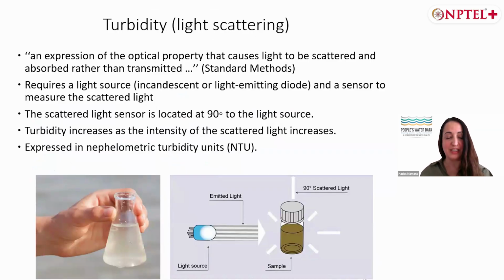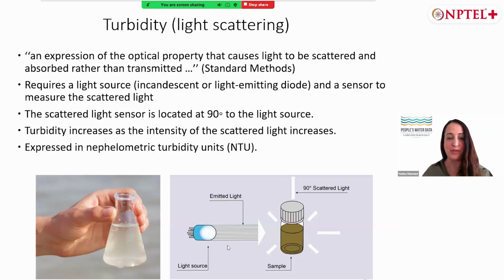So what is turbidity? Turbidity is an optical property, and it causes light to be scattered and absorbed rather than transmitted. So basically, if we think about it, definitely we need a light source. We also need a sensor to measure the scattered light. So the scattered light sensor is located 90 degrees to the light source.